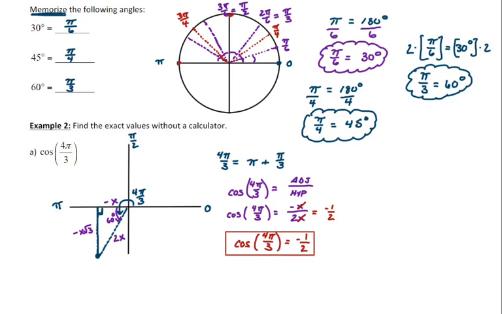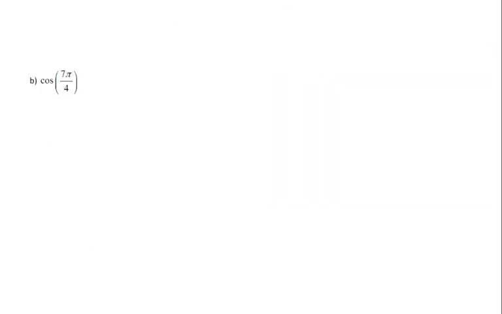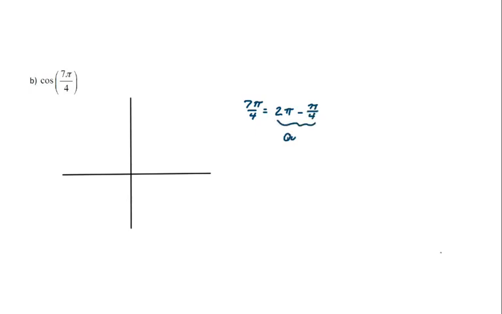I could do a similar process for the sine value just by using the side length relationships that we talked about. So another example, if you look at cosine of 7 pi over 4, the first part would be identifying where 7 pi over 4 lies on the circle, or in terms of a rotation around. There's a bunch of ways you can break it up, but I think of that as 2 pi, which would be 8 pi over 4, minus pi over 4.